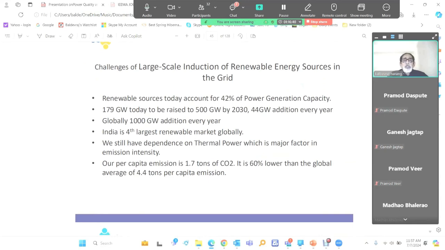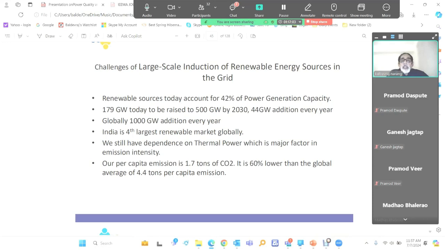So now we come to renewable. Renewable, because there is large scale induction today. We have about 169 gigawatt of renewable power today, and that we have to take to 500 gigawatt by 2030. So maybe the annual addition is 44 gigawatt.